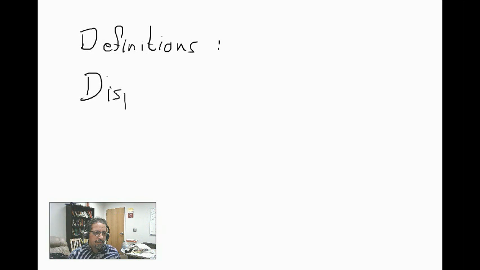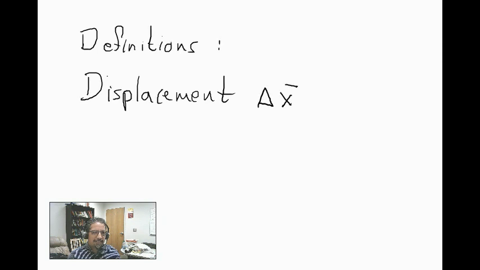So the most important concepts in chapter 3 are simply extensions of chapter 2. So let us review those. So definitions, key definitions. And these are displacement, which is a vector, delta x equals x final minus x initial.